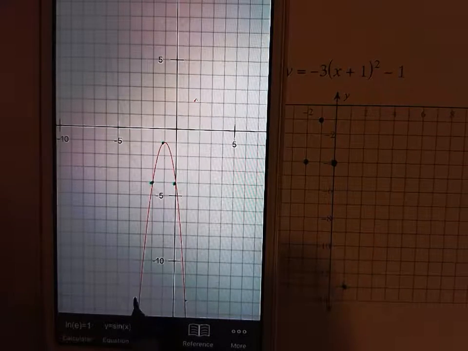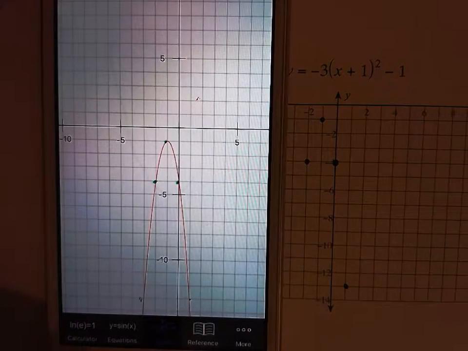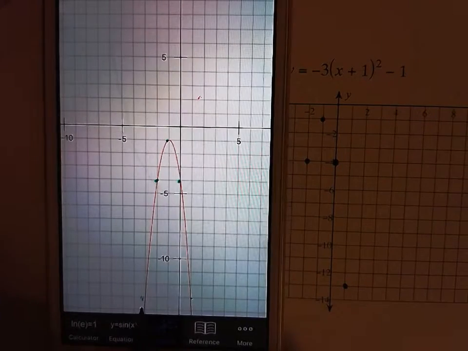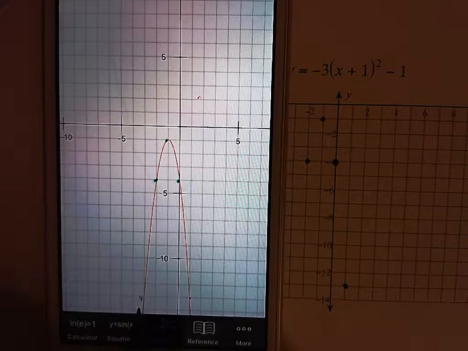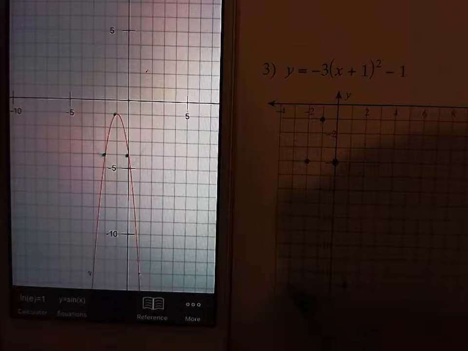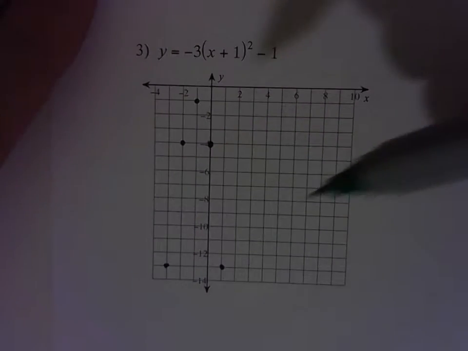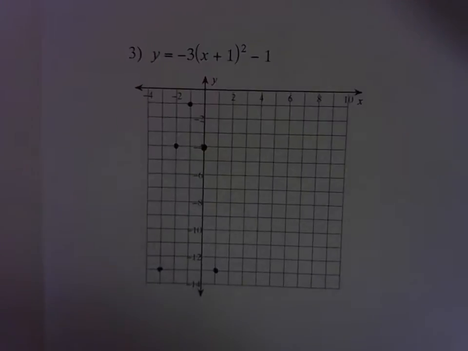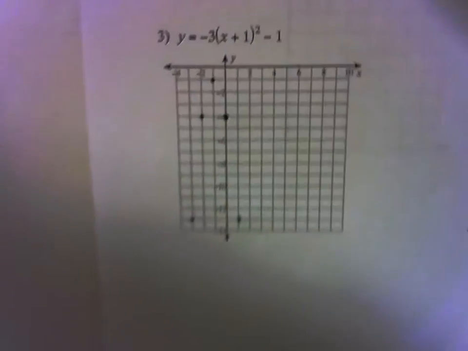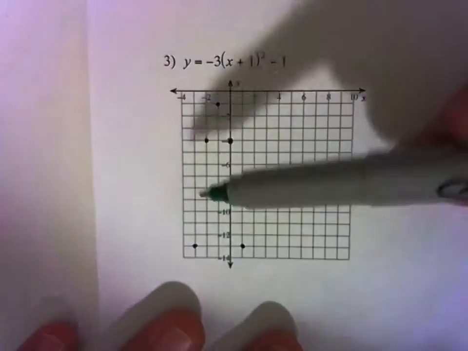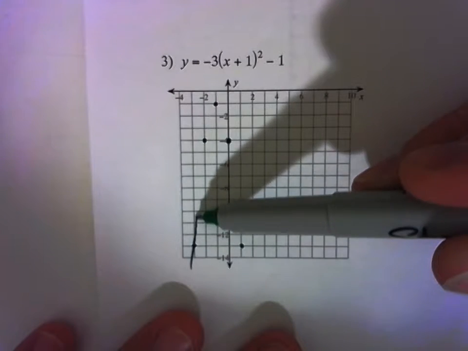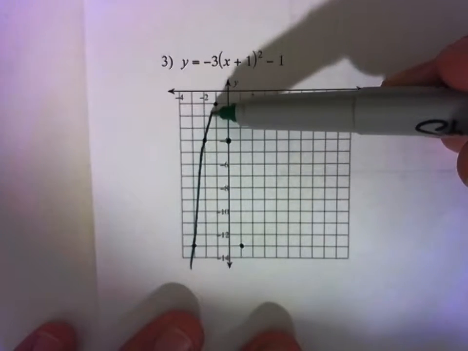And there's also on the other side -3, -13. So then I'll fill in the rest of that shape on my paper.